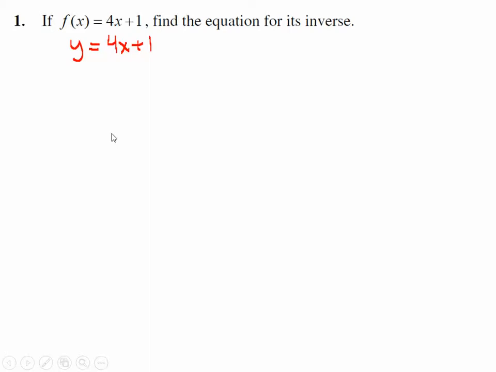It's a plain old graph now. So if from the previous slide we know that the x coordinate switches with the y coordinate, let's switch the x variable and the y variable. If coordinates change, that means variables can change, because that's really what we're doing. Now the question is, can you solve for y?